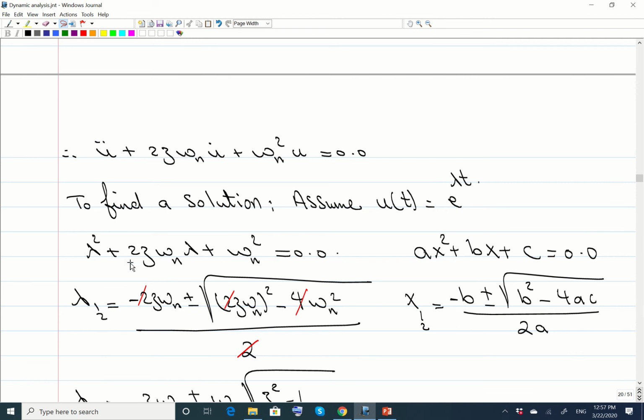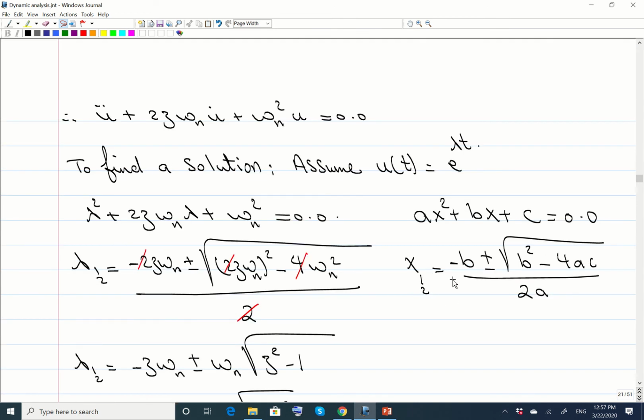So how much is lambda that satisfies this equation? As you see, this is a quadratic equation in lambda: lambda squared, plus a factor multiplied by lambda, plus a factor with omega n squared, equals 0. You know the solution for a quadratic equation a x squared plus b x plus c equals 0. It has two solutions: negative b plus or minus the square root of b squared minus 4ac, divided by 2a.